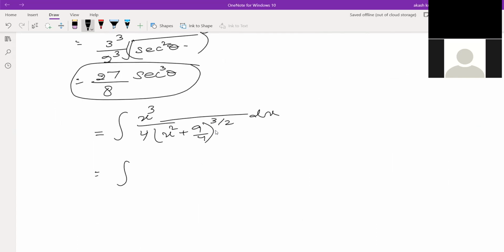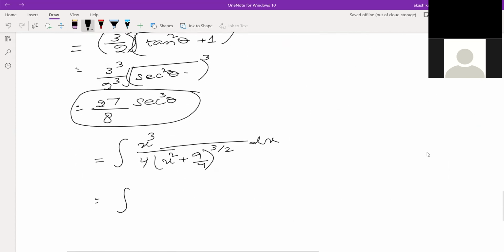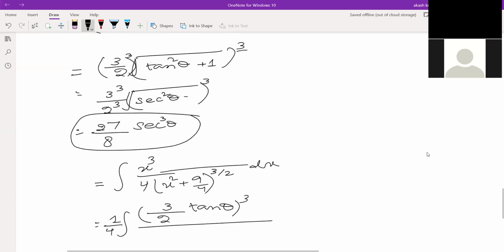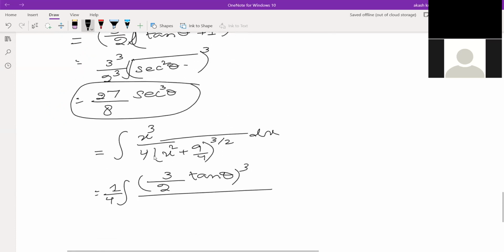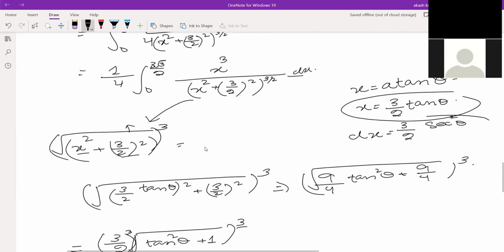So instead of x cube, I can write 3/2 tan theta whole cube, divided by, taking 4 out, 1 over 4. And instead of x square plus 9 over 4 power 3/2, I can write 27 over 8 sec cube theta. And instead of dx, I can write dx equals 3/2 sec square theta.